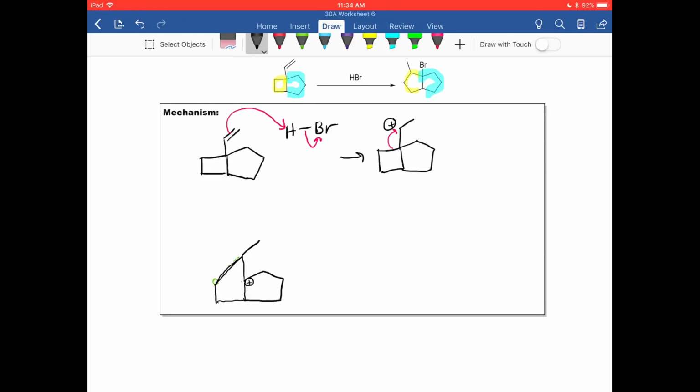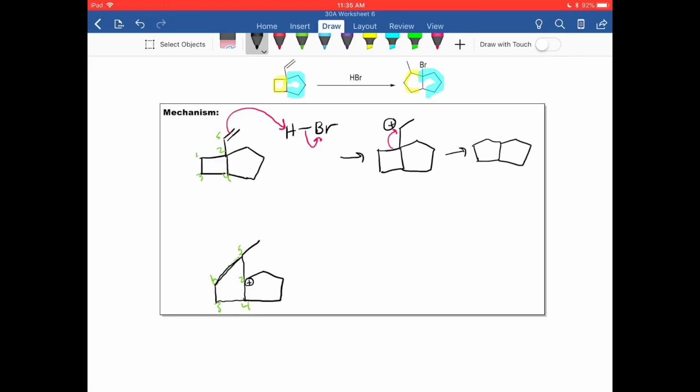So now we can just draw that out in a nicer format, which is what I'm going to do up here. And if I number everything, I've got 1, 2, 3, 4, 5, 1, 2, 3, 4, and 5.